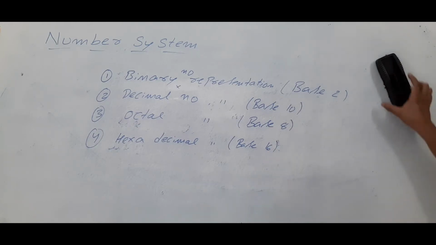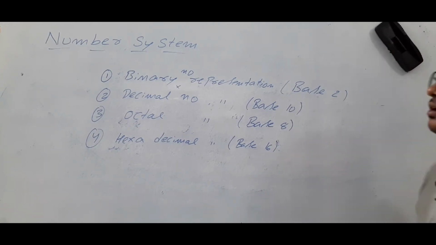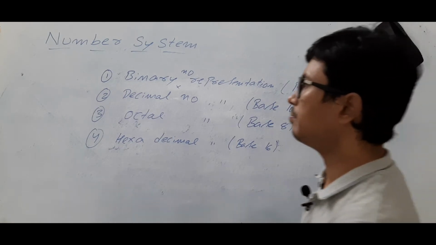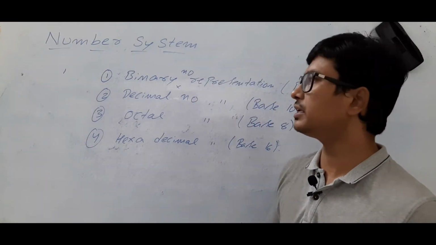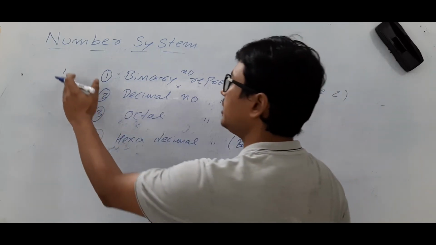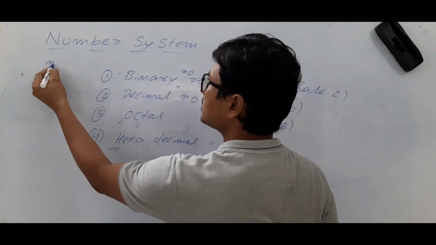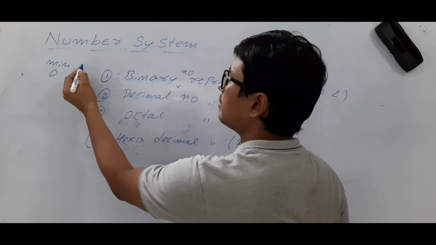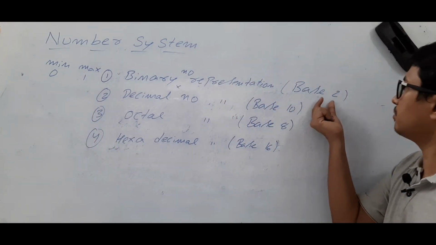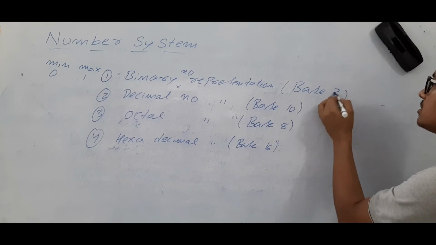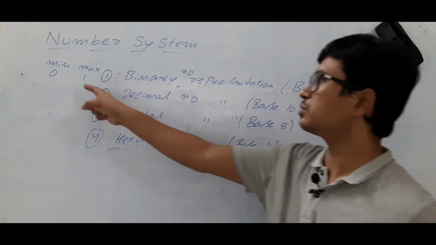Now, if it is base 2, what is the maximum number allowed? The maximum number allowed is 1, and the minimum element allowed is 0. So in a binary number, the minimum is 0 and the maximum is 1, because here n is 2, so only n minus 1 is allowed.